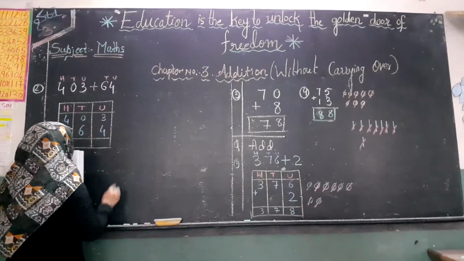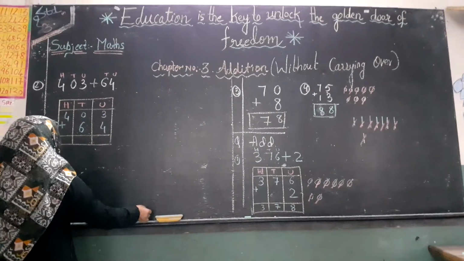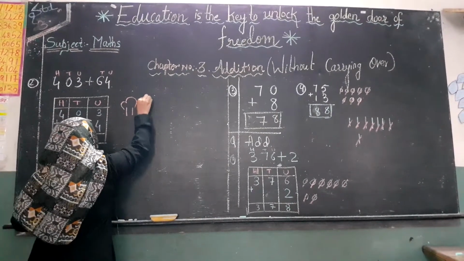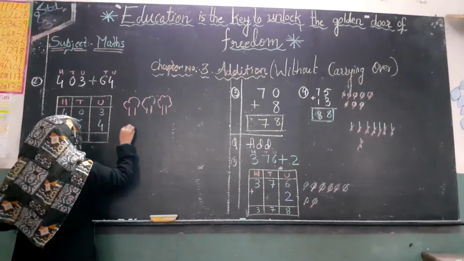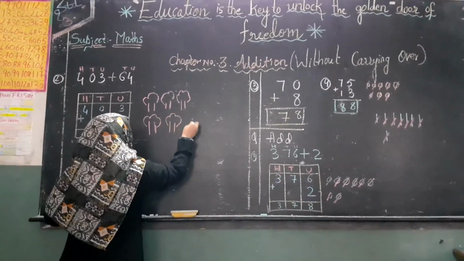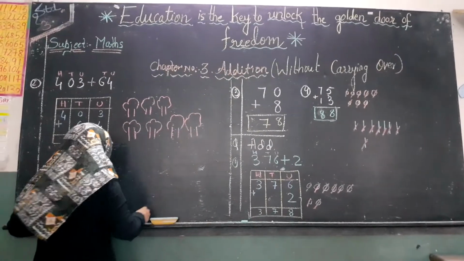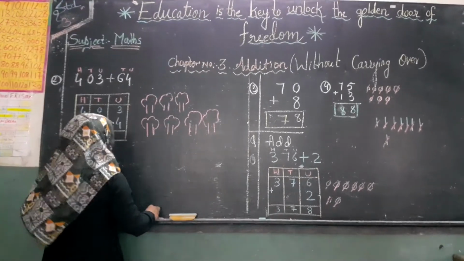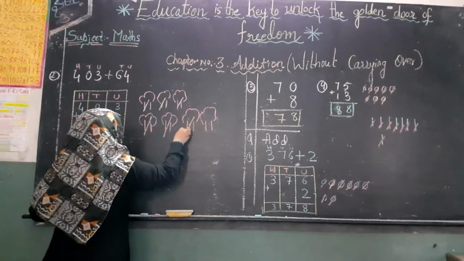So first we have to add 3 plus 4. Now see, we will draw 3 trees. First, second, third. Okay, now here 1, 2, 3, 4. Have you understood? Now we have to add all this. 1, 2, 3, 4, 5, 6, 7.